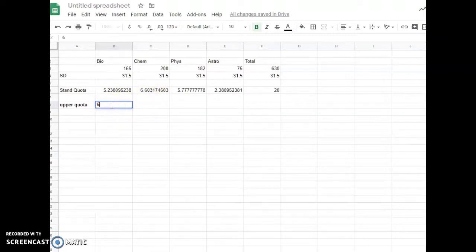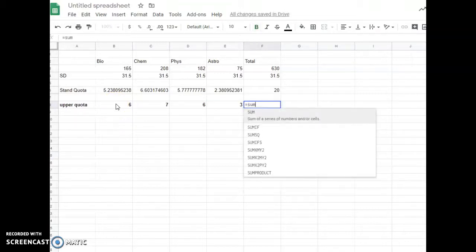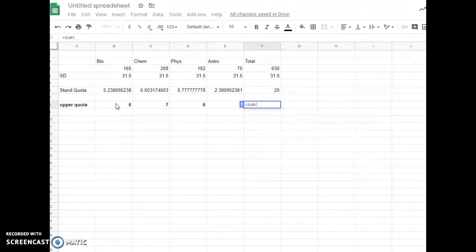So this would be 6, 7, 6, 3, and if I do equals sum, parentheses, and then I'm adding all those together. So right now we're at 22. I only had 20 seats to give away, or in this case, scholarships. So what are we going to do?